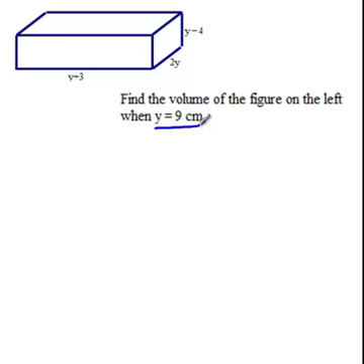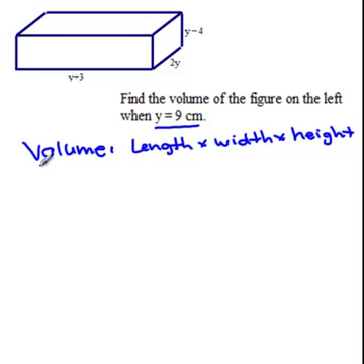First thing you need to do is know the formula for the volume of a rectangular solid is length times width times height. Once you know that, then you can find the volume of this rectangular solid because they give you the length, the width, and the height.